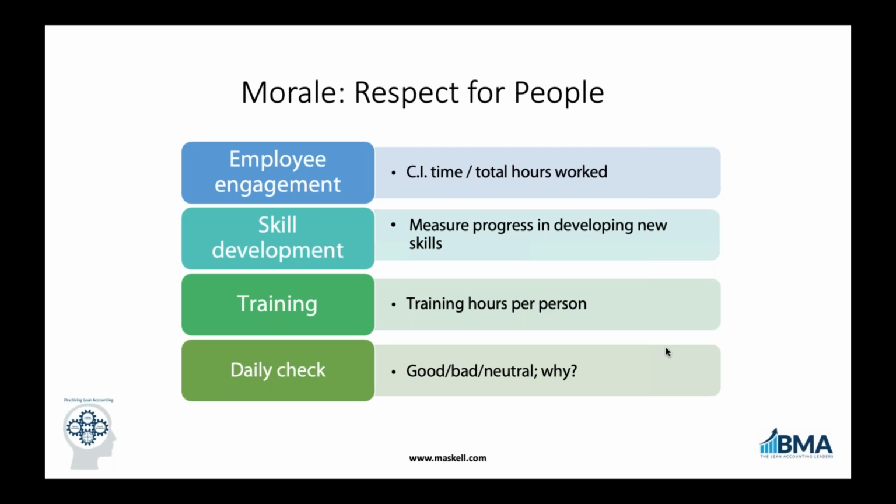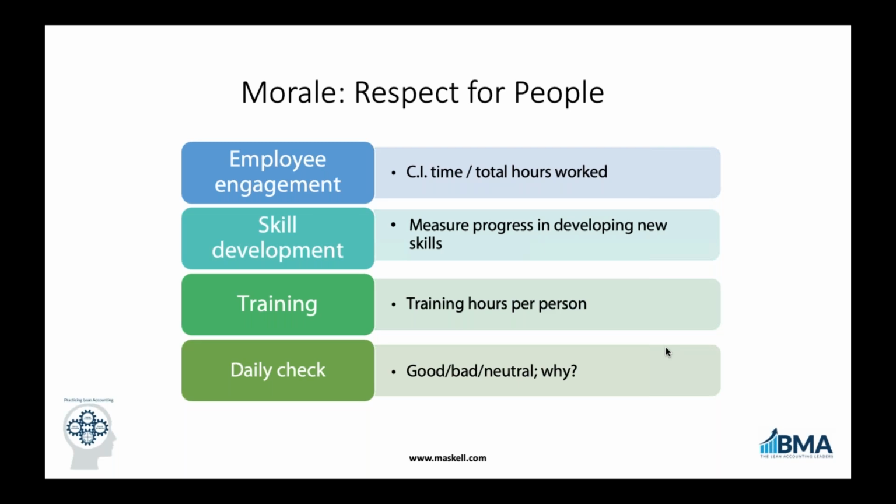And morale, respect for people, which is one of the core elements of lean, continuing to improve customer value and modeling respect for people. People, like Nick and I have said just today and many, many times, are our most important resource, our most valuable resource. So how can we look at different ways of thinking about how that's actually showing up in a measurable fashion?